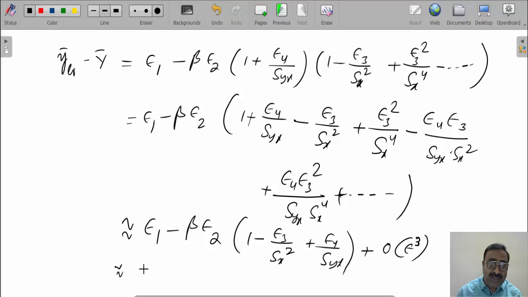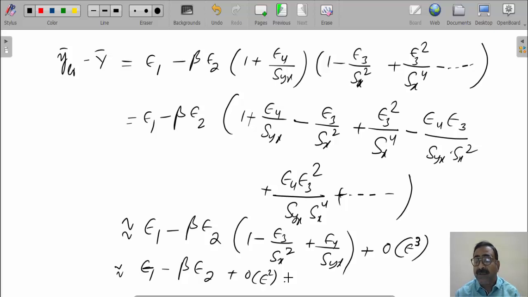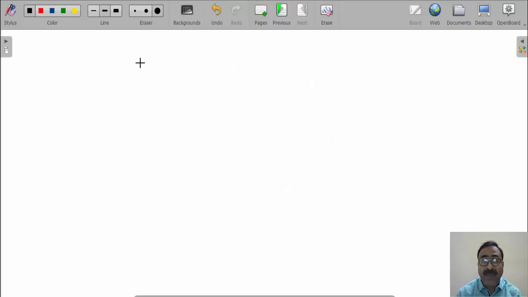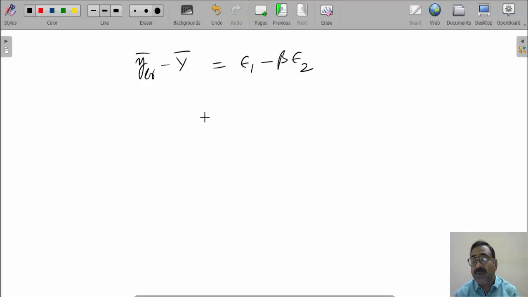So this is approximately equal to epsilon 1 minus beta epsilon 2 plus order of epsilon square. Now neglecting order of epsilon square, we get YLR bar minus Y bar equal to epsilon 1 minus beta epsilon 2.